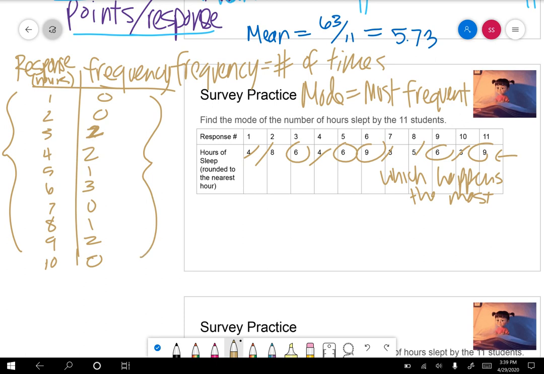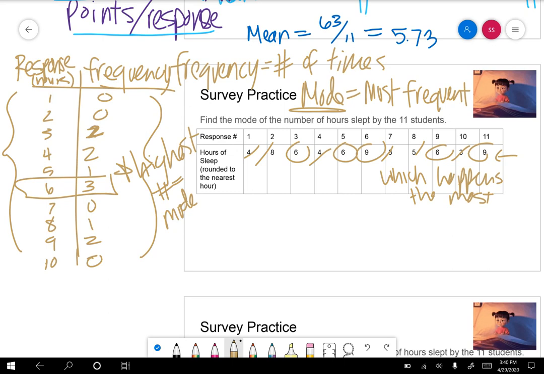Okay, now the mode then is whichever number on this side of the table is the highest. So the highest number over here is going to be the mode, right? Because it occurred or frequented the most. Okay, so in this case, the highest number was 3, and the response there was 6 hours.